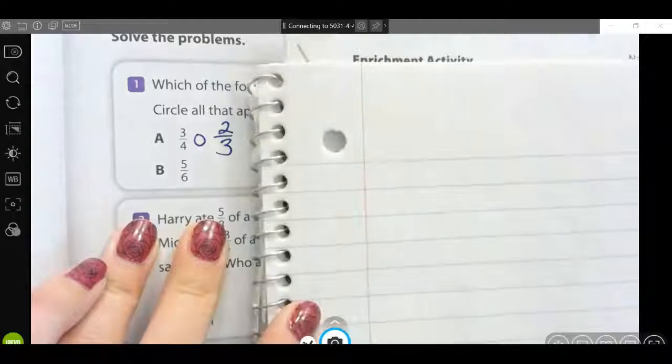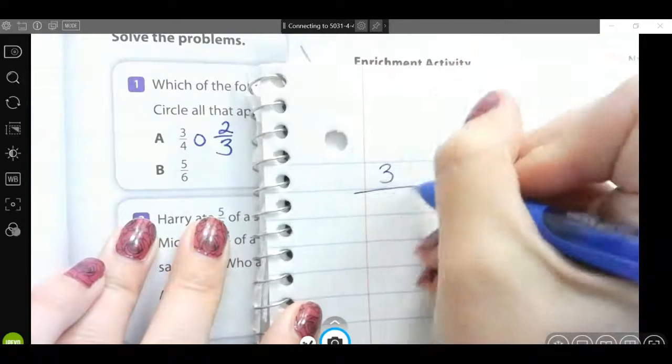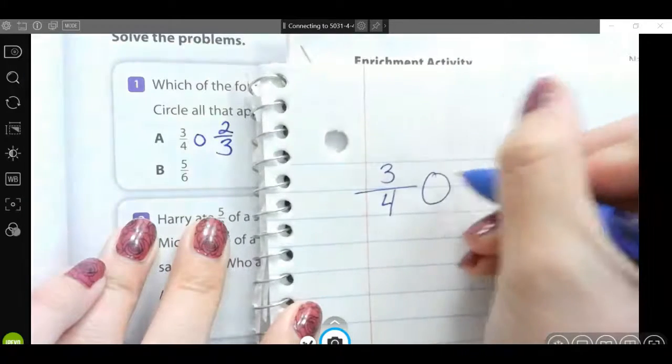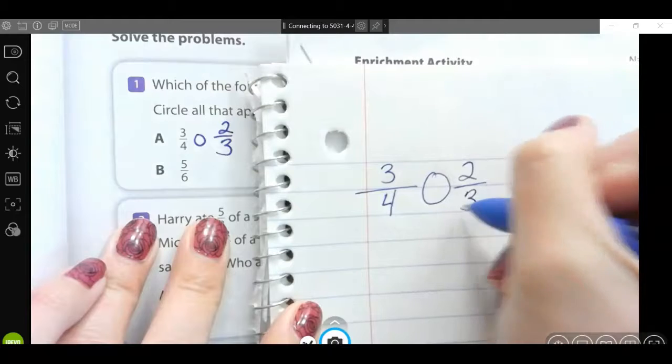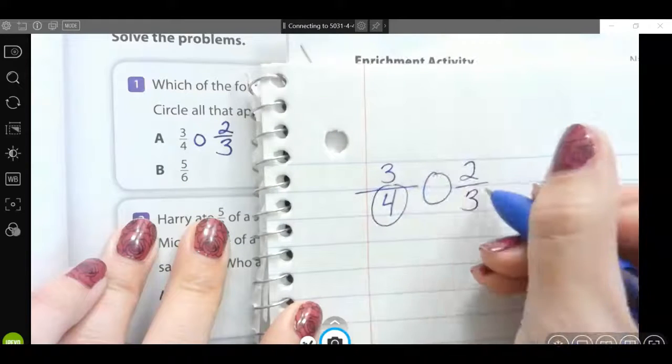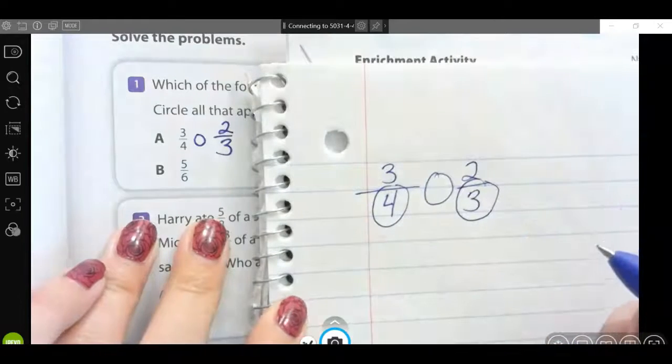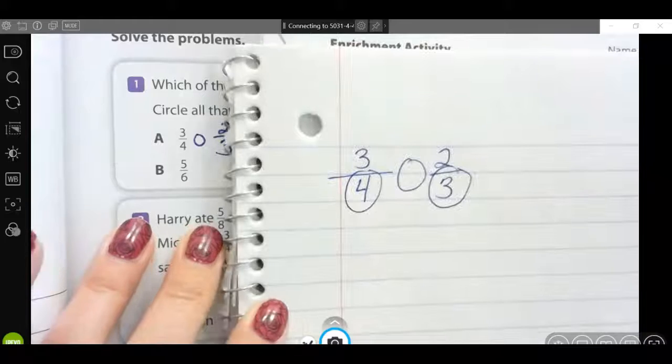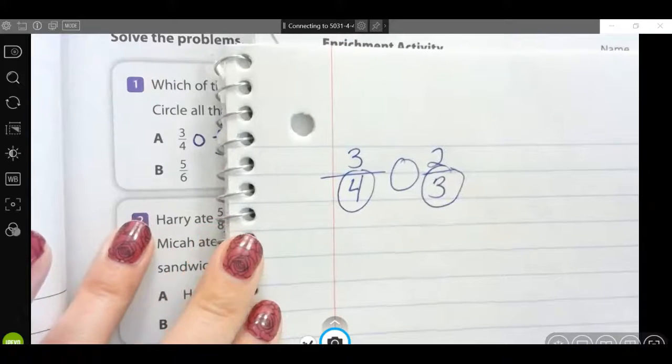So in our notebook, we have 3/4, and we're comparing it to 2/3. What would be our common denominator, Tyler?